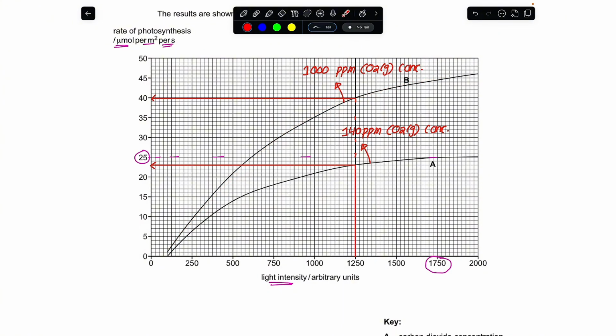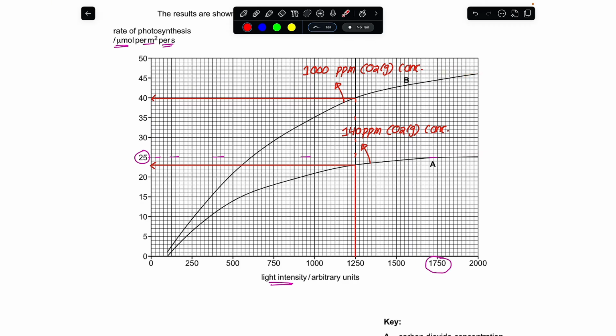What you would be writing here is that at 1000 parts per million carbon dioxide concentration, the rate of photosynthesis would increase with increasing light intensity. The other statement would be that the light intensity remains limiting at all the provided range of the light intensity, and the reason is that the graph is not leveling off at any point.